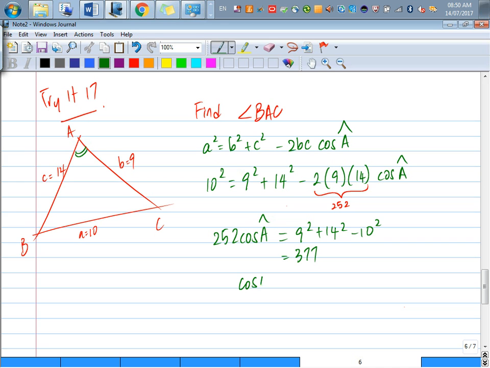So cosine A equals 377 over 252. And angle A, or rather angle BAC, equals cosine inverse of 377 over 252. Something is wrong.